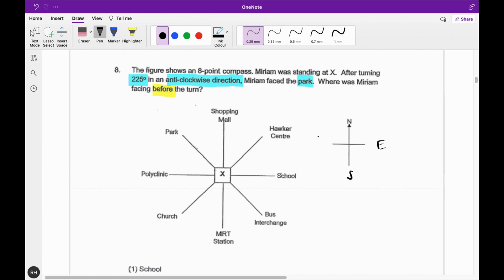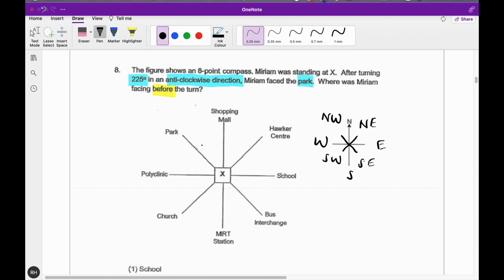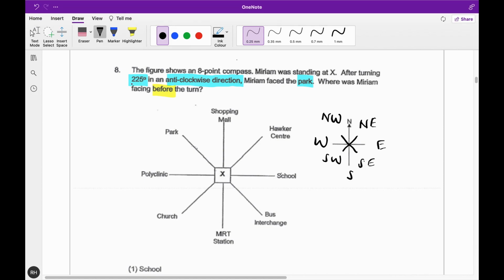South, east, west. And then an 8-point compass means here is north, east, southeast, southwest, and northwest. So this is the 8-point compass. 225 degrees in an anti-clockwise direction, and then this person faced the park. So the person is facing the park in the end.